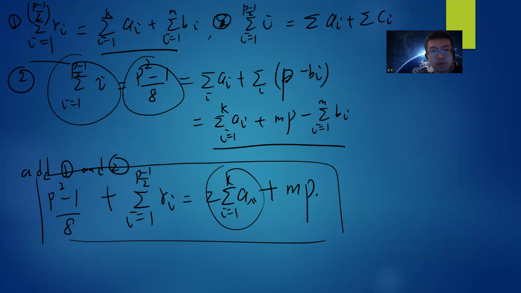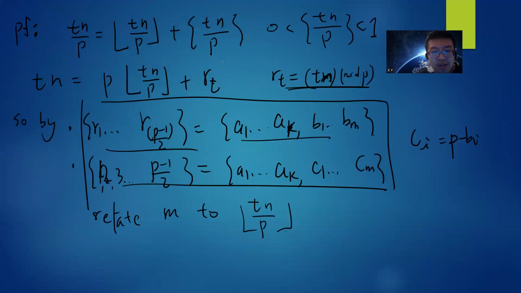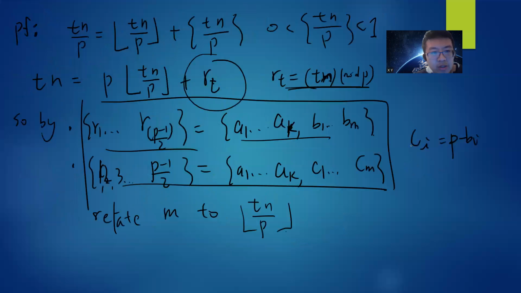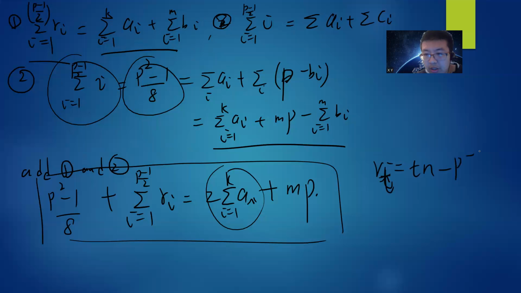Oh, sorry, I'm stupid. Because R is Tn minus P times this, so R_T is just Tn minus P times floor(Tn/P).